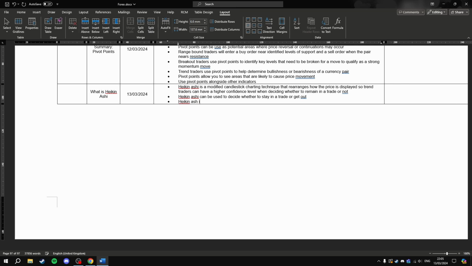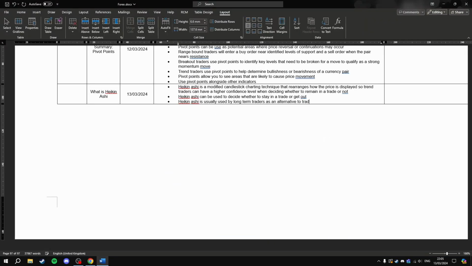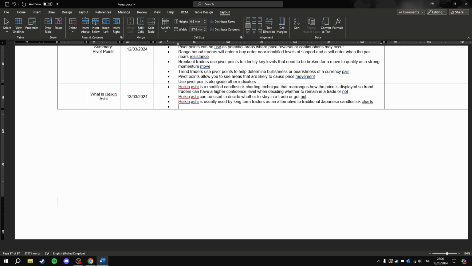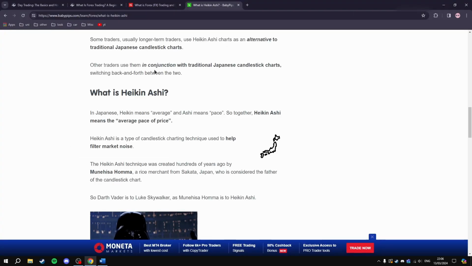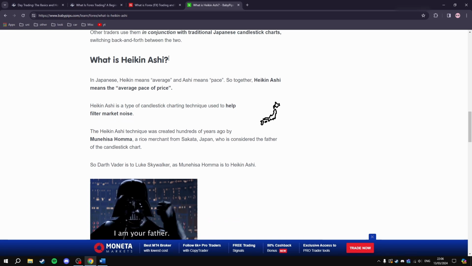Heikin Ashi is usually used by long-term traders as an alternative to traditional Japanese candlestick charts. Other traders use them in conjunction with traditional Japanese candlestick charts, switching back and forth between the two.